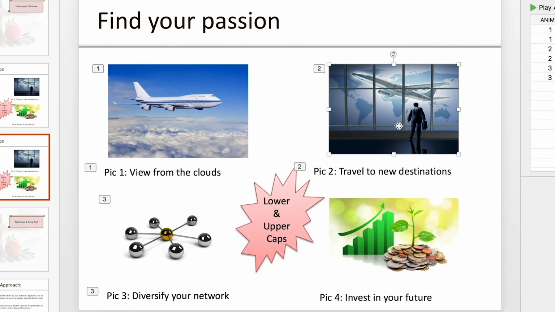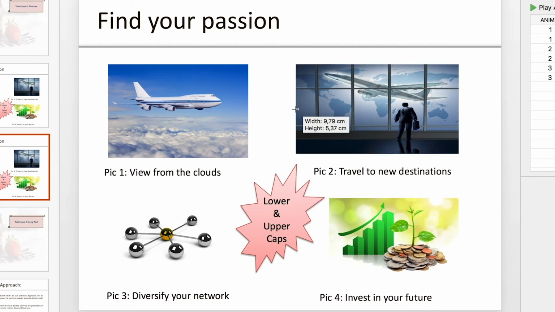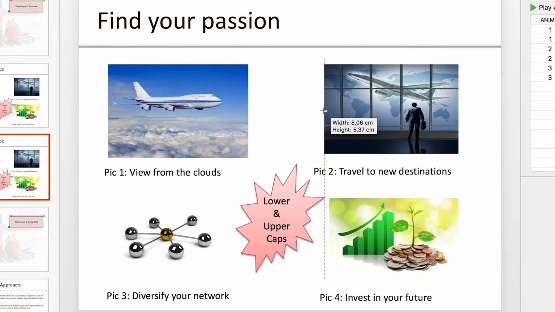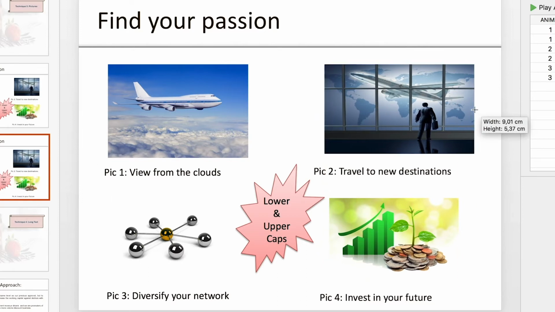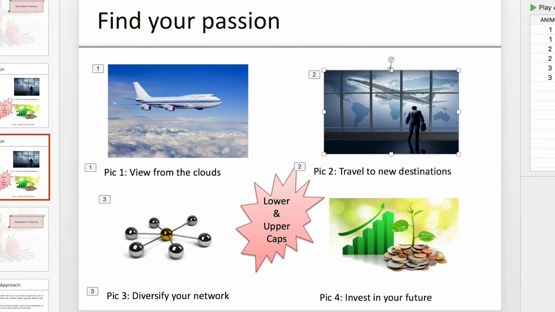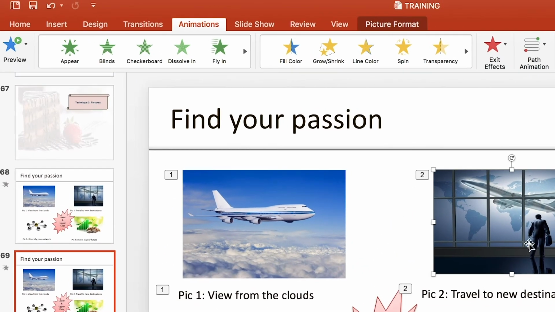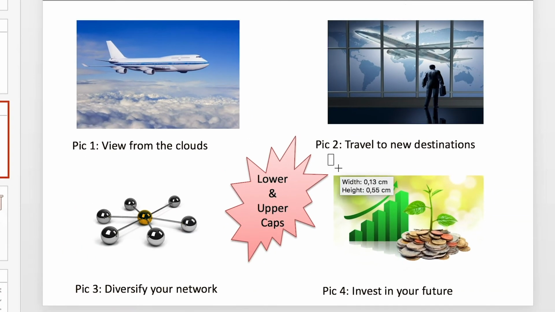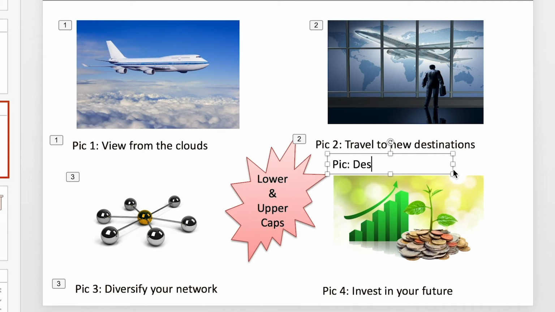Firstly, to change the size of the picture, you basically click on the picture and use the guidelines within PowerPoint, which is that red line, to make sure that your pictures are the same size as everything else. Number 2, you come into Insert Text Box, and beneath the picture, you put in the description of the picture.